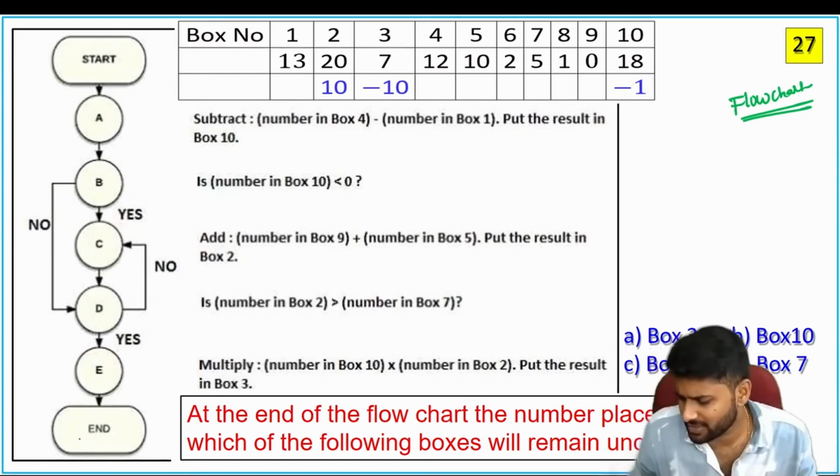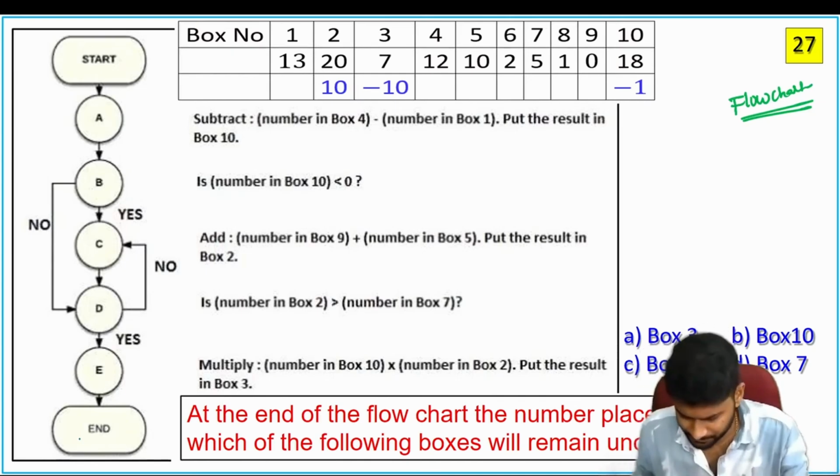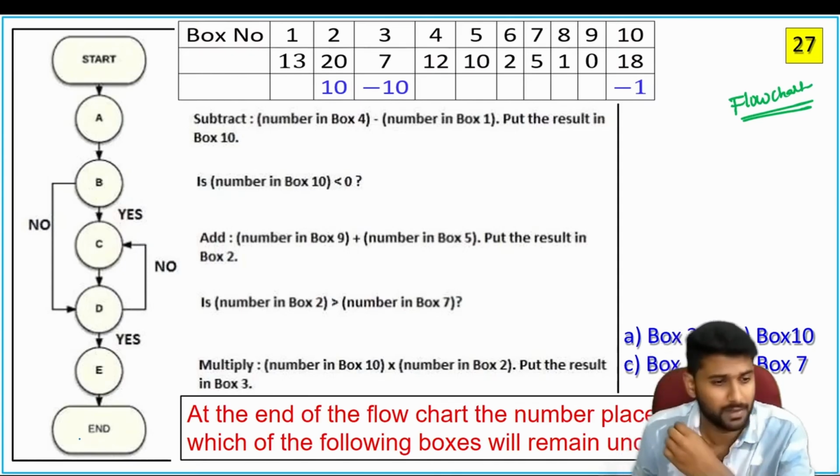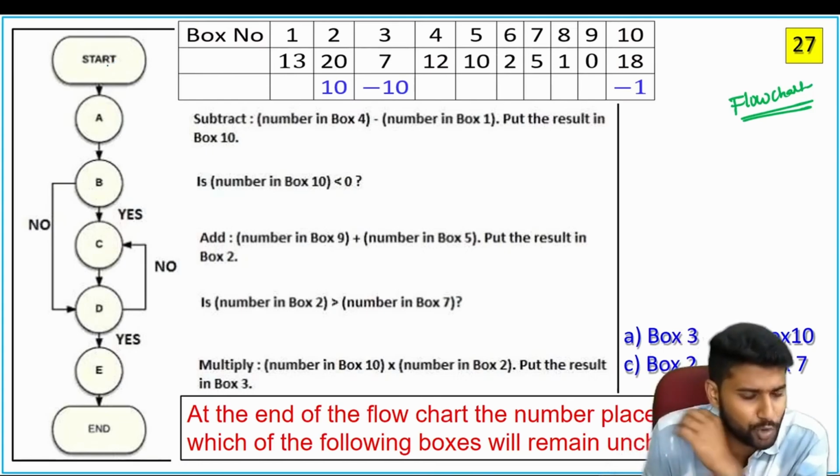It's completely based on your understanding. Now see here, the program should start from A.